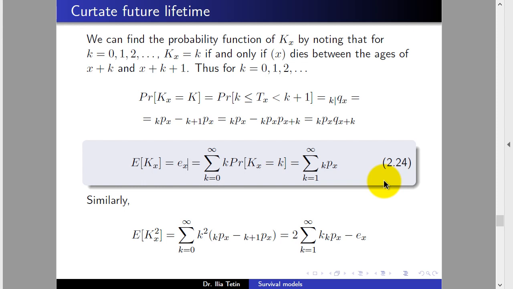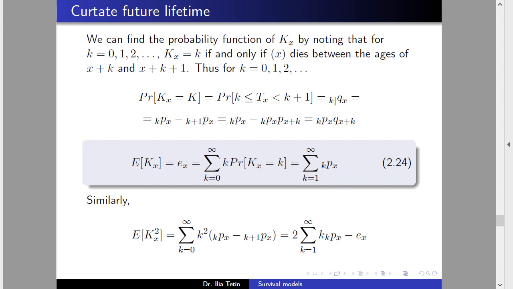So ex equals the sum of kpx, and the lower limit for summation is k equals 1, so pay attention to this. Similarly, we can derive the formula for the expected value of Kx squared, and this will be this double sum of k times kpx minus ex.